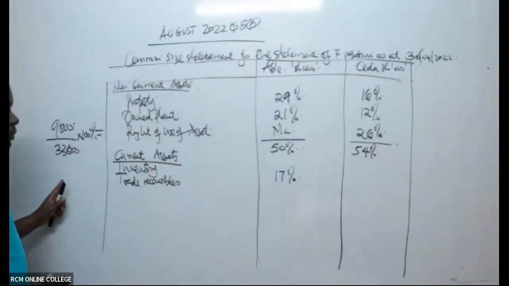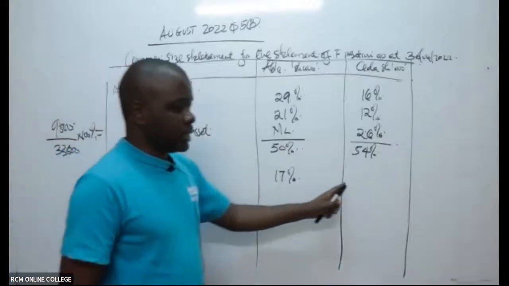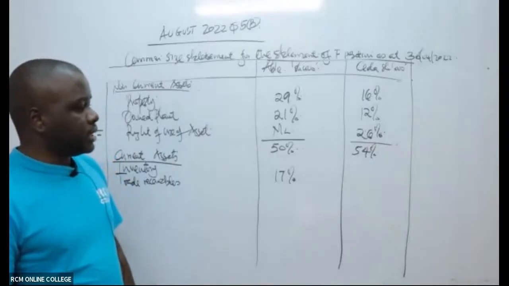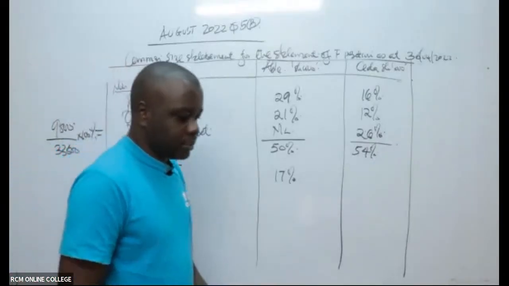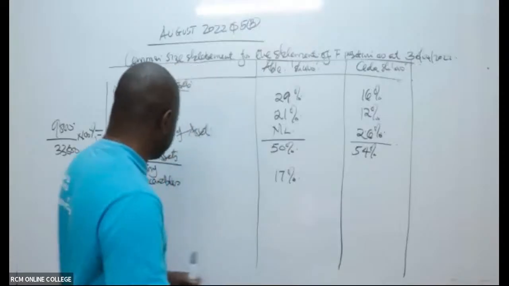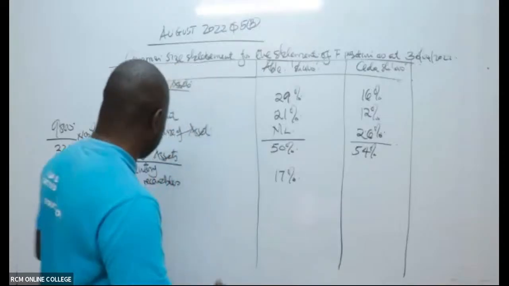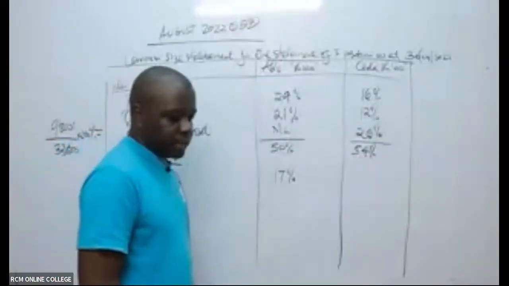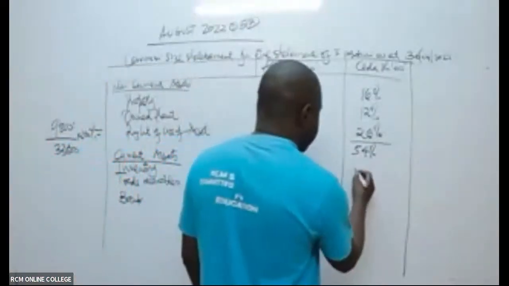What about for SEDA? For SEDA, you have trade receivables, and of course also we have bank as another item. 17.9, so that is 18%.